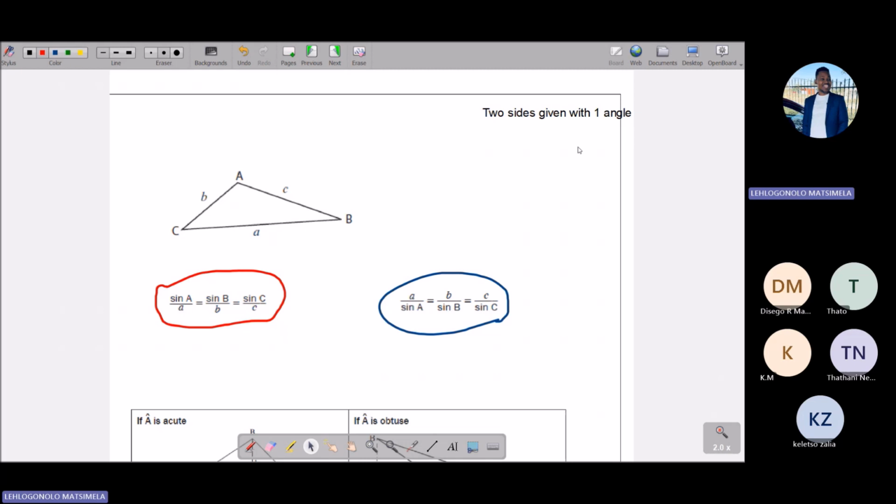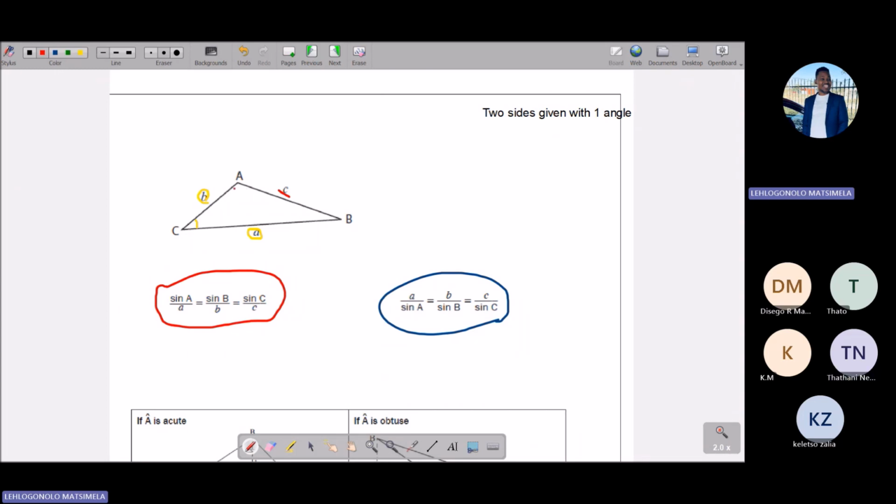Two sides with one angle can be which one? Let me predict so we can understand. If we are given angle C, and side A and side B, then we don't have side C.